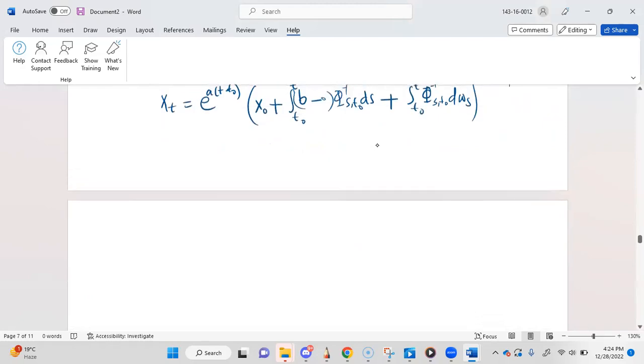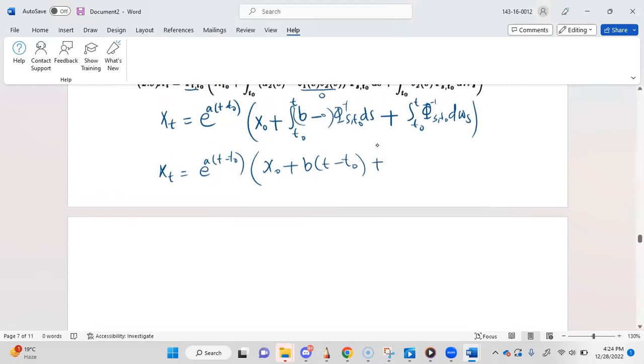And then finally you insert these values here. So you get X of t equal to e to the a times (t minus t naught) x naught, plus b times (t minus t naught), plus the integral from t naught to t of e to the minus a (s minus t naught).